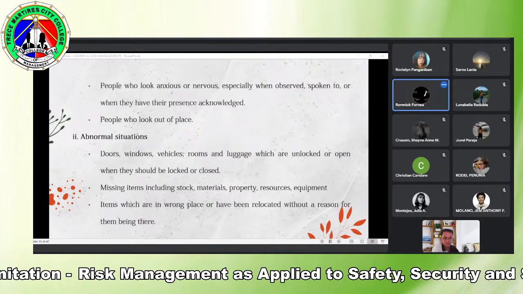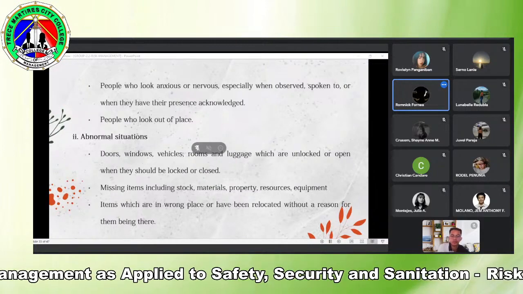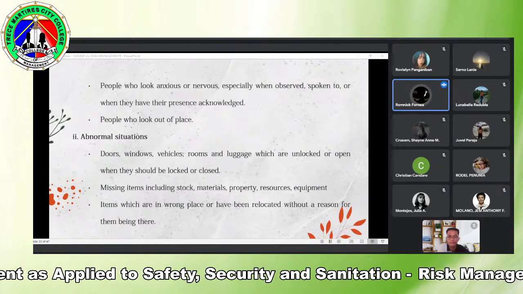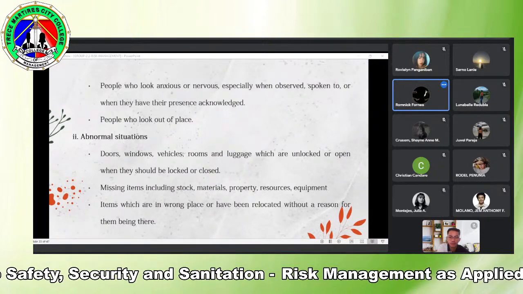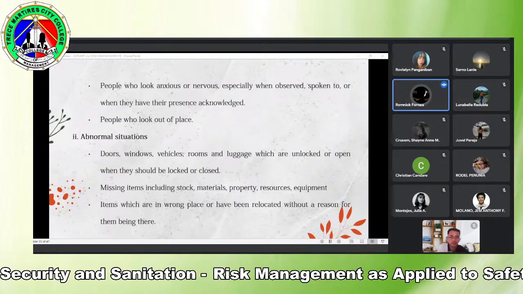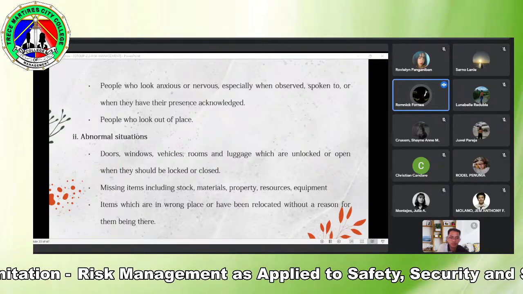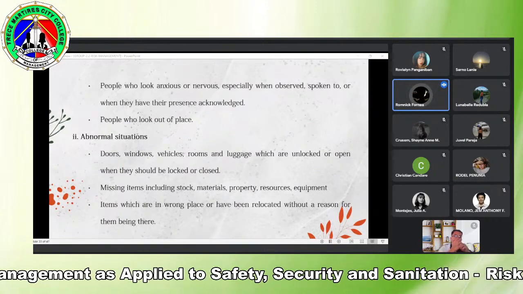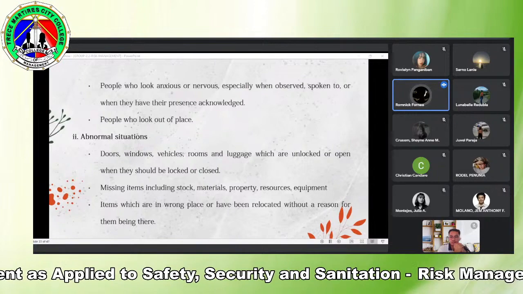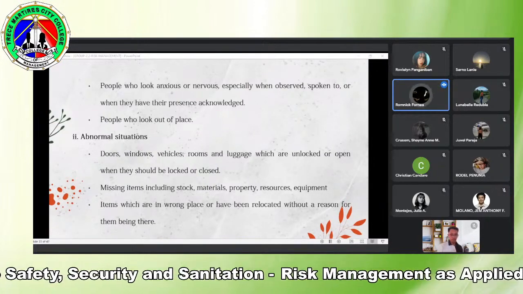Next naman po is people who look anxious or nervous, especially when observed, spoken to, or when their presence is acknowledged. Sila naman yung mga taong nababalisa or kinakabahan kapag kinakausap mo. For example, pag pinagmasdan mo sila habang nagsasalita, hindi sila makatingin sa'yo ng diretso.